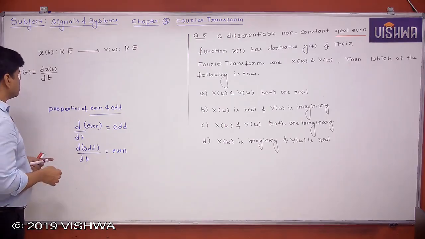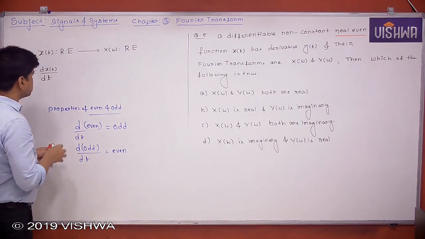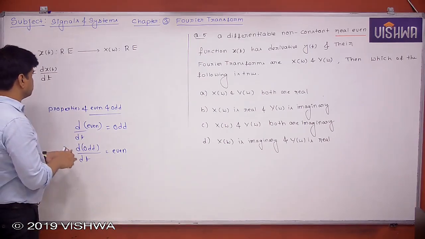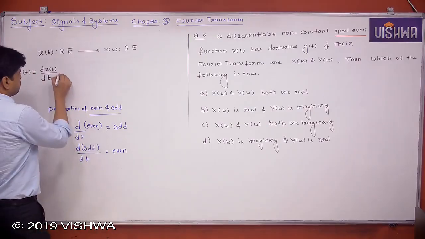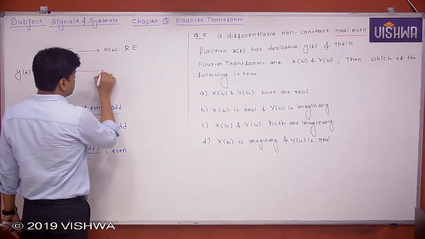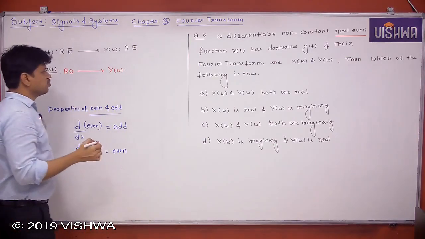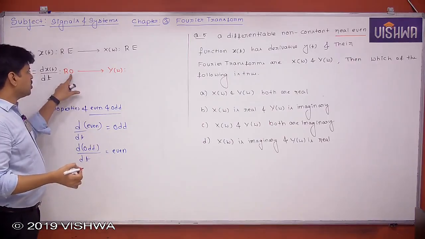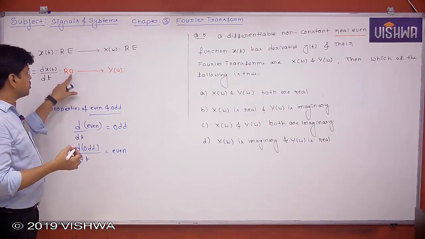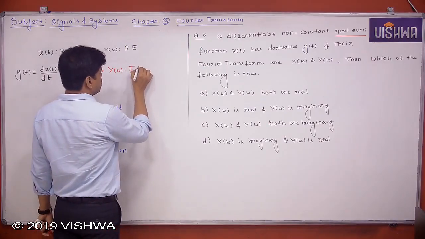So from this I can say, because it's an even function, if I differentiate that, I am going to get a real and odd function. For a real and odd function, what is Y of omega? From the table, a real and odd function has an imaginary and odd transform.